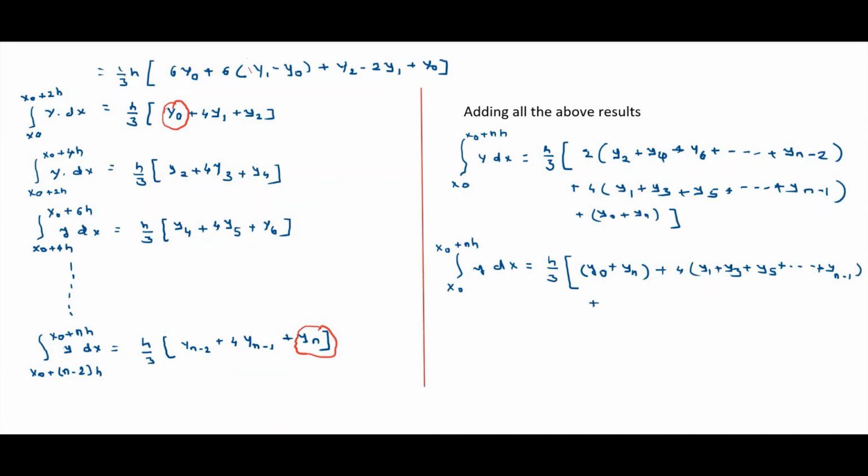Now you can write the even values. The even values are repeated 2 times, that is 2 times y2 plus y4 plus y6 plus and so on, and the last value is yn minus 2. So this is called Simpson's 1/3 rule.